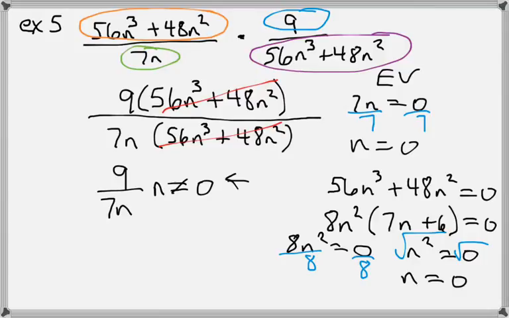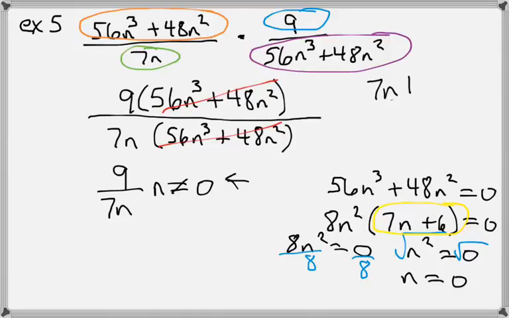Now I have to check the other one. I still have to check this one right here. So I'm going to have to do some erasing to make some room. So I'm going to erase up here, give us some room. So now we need to check 7n plus 6 equal to 0.